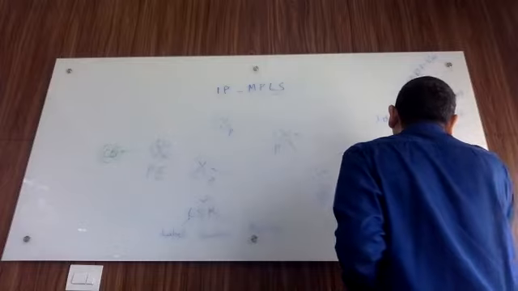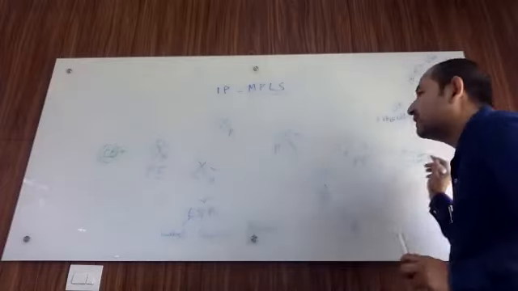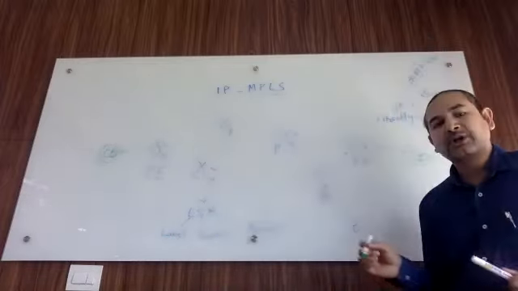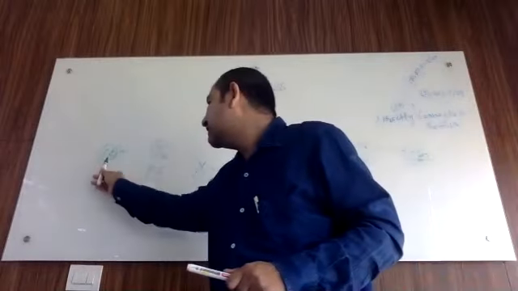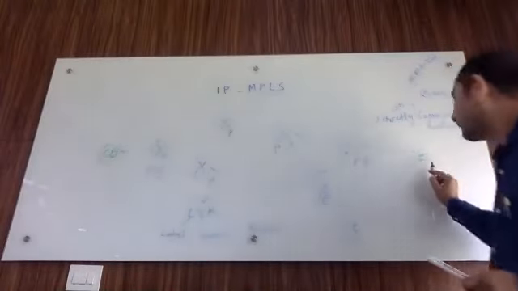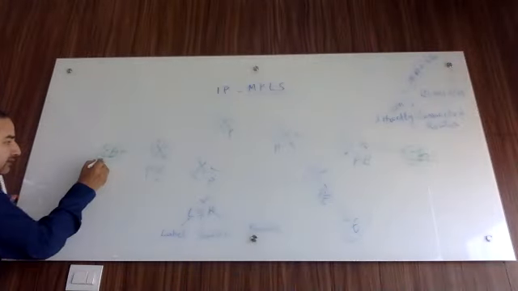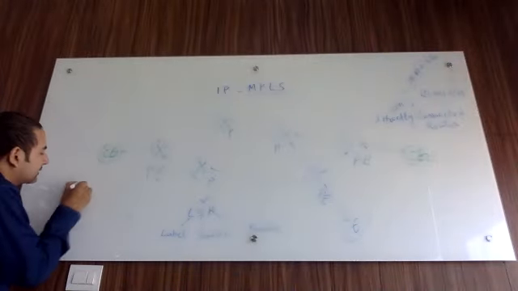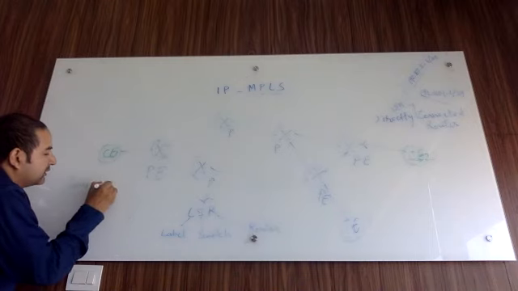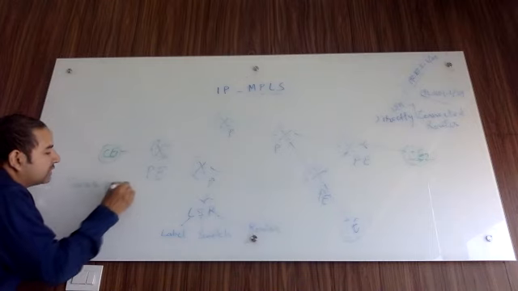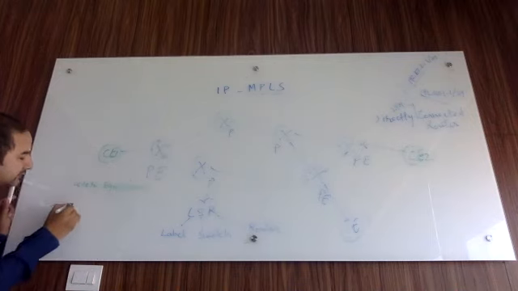So I've made a scenario with a customer with two branches. One is CE1 and another one is CE2. CE stands for customer equipment. It's also called CPE.